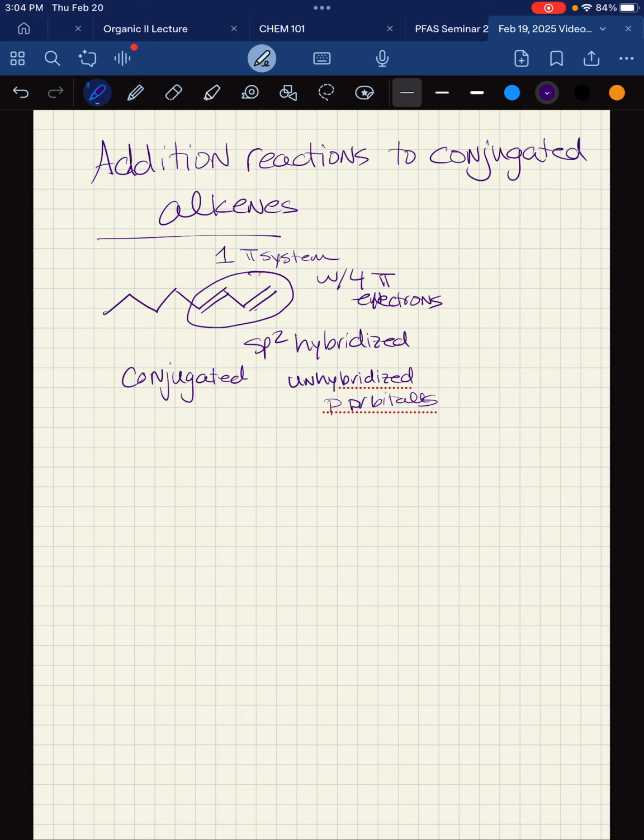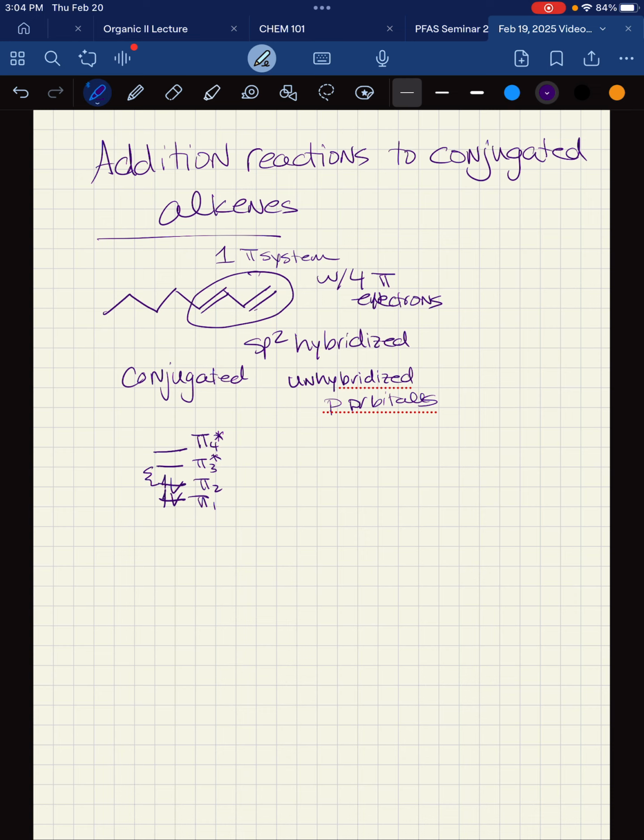All right. And we remember that when we have conjugated systems, we get the stacking in of the pi orbitals. So we'd have a pi 1, a pi 2, and then the pi 3 would be antibonding. The pi 4 would also be antibonding. And here we have 4 pi electrons, so we would fill up those 2 bonding orbitals.